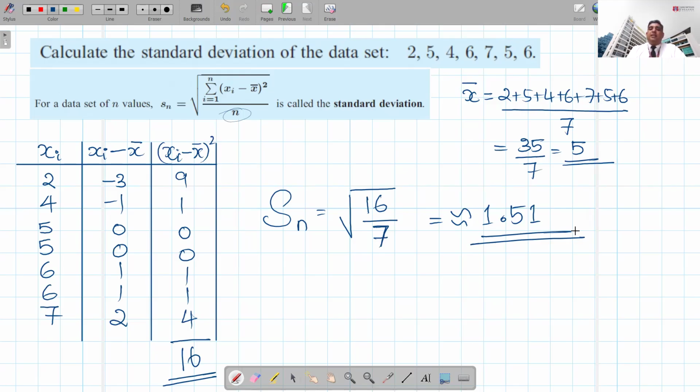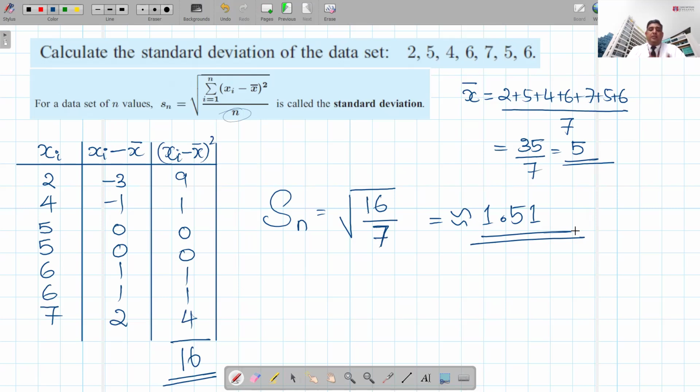All the questions of the exam would be more complicated than this, so you need to learn how to use your calculator to calculate standard deviation. So I would suggest you take the next 10 minutes to use your calculator and calculate the standard deviation without using the formula.